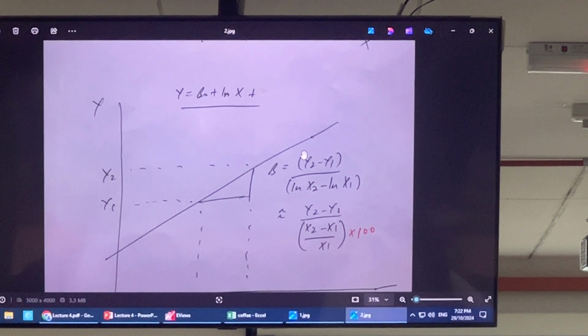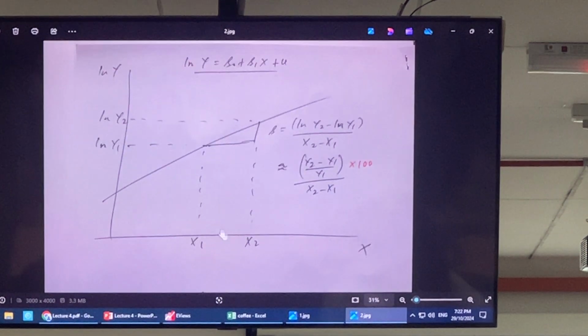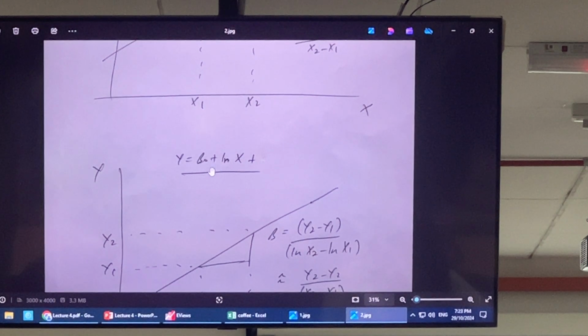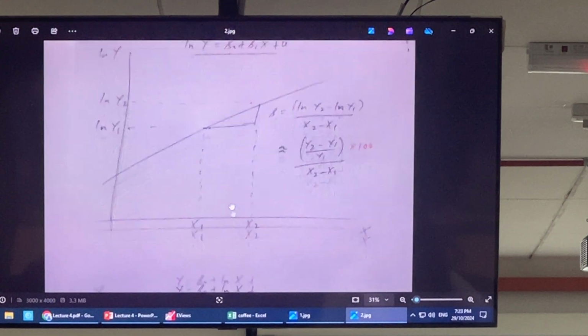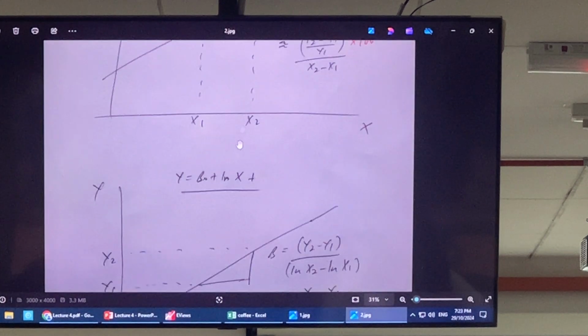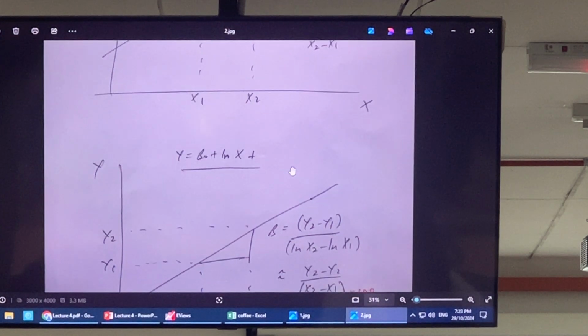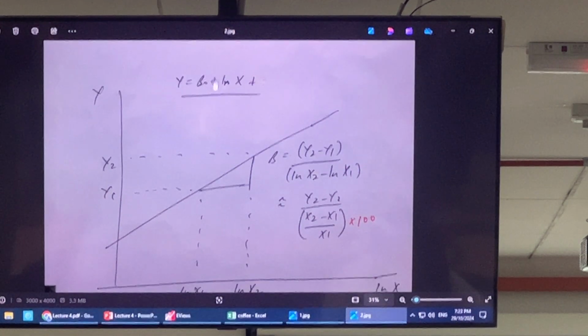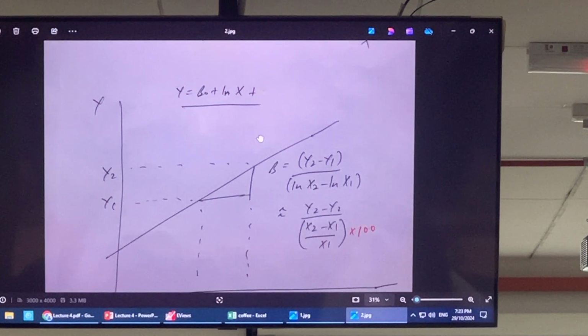In this case, I also forgot to put beta 1. So here is beta 0 plus beta 1 log x. So y equals beta 0 plus beta 1 log x plus error.